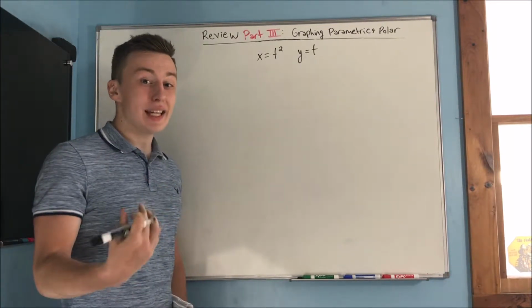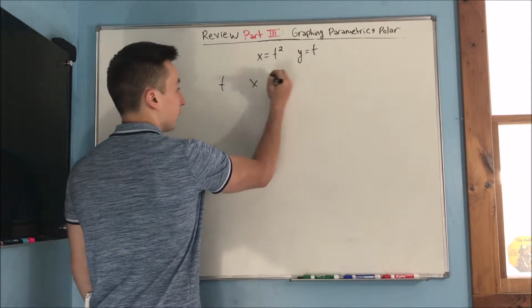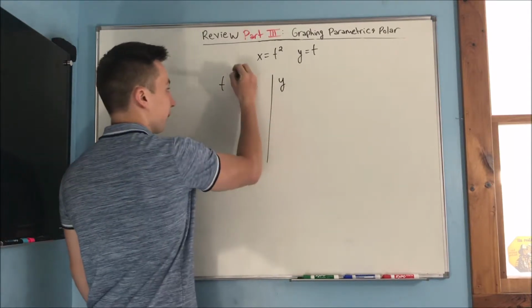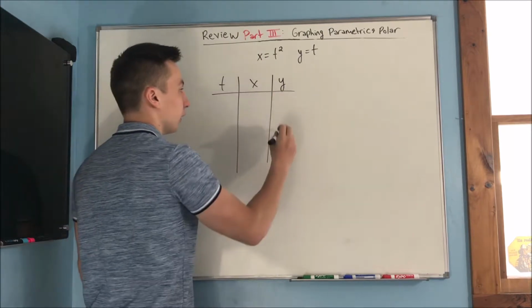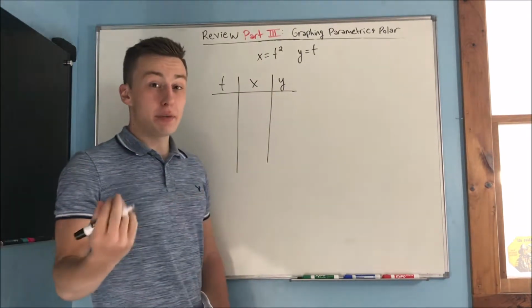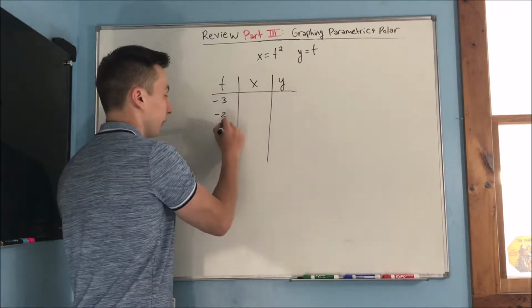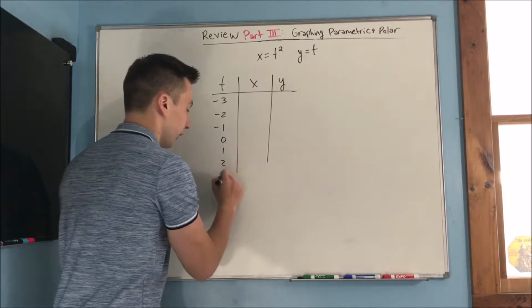Well, we use that t-x-y chart. We have our t's, our x's, and our y's. We draw our little chart here, and let's graph it from -3 to 3. So we'll have -3, -2, -1, 0, 1, 2, 3.